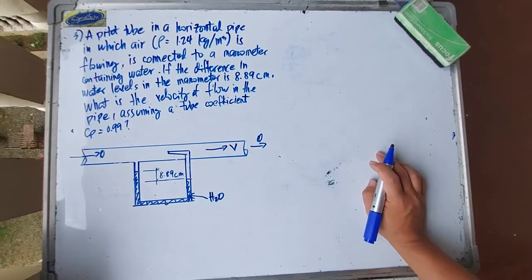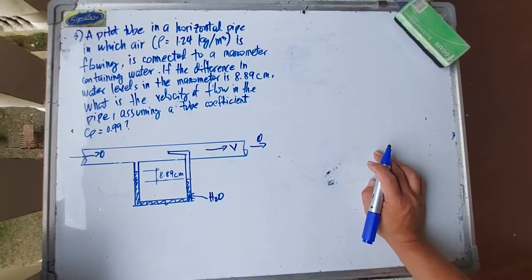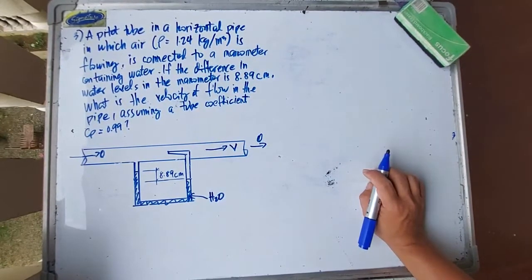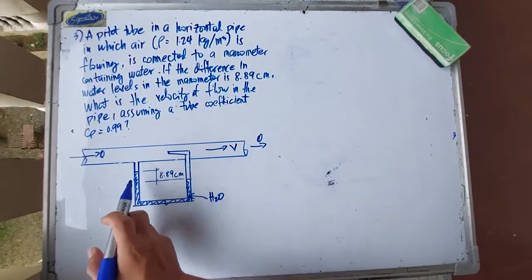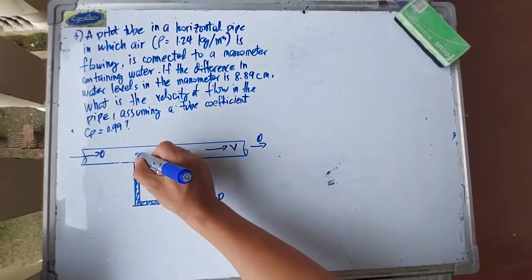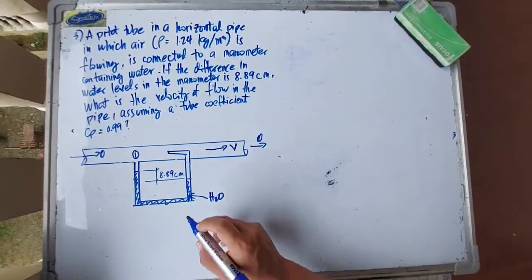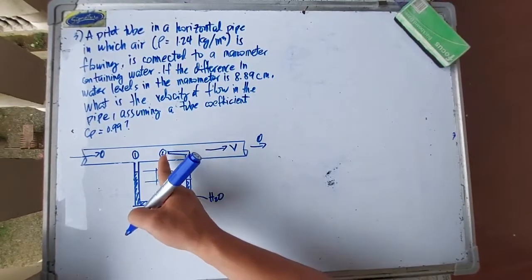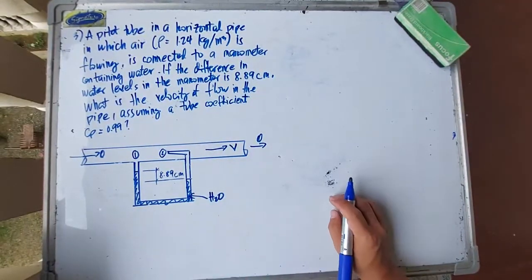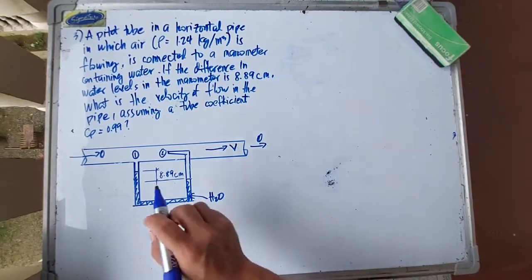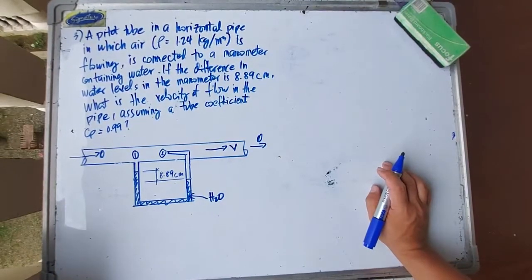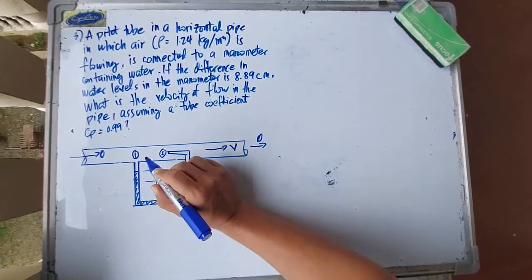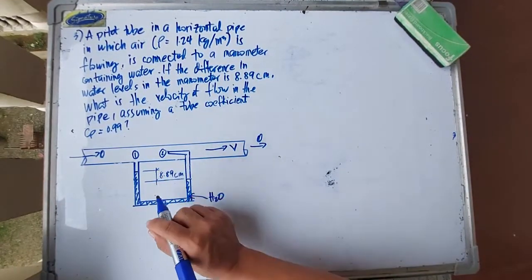Where do we put those two points? Perhaps the first point is at the top of the leg of the manometer, and the second point is at the opening of the Pitot tube. So, 1, 2. And why did we put them there? The points should be at the manometer so that we can solve for the difference in pressure later on.